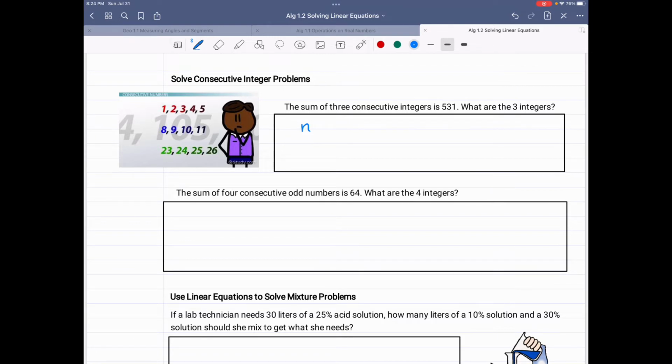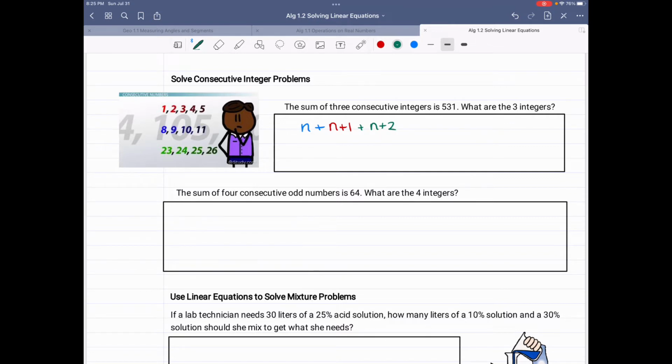So we're going to add n plus 1, that's the second number, and then we're going to add the number that comes after that because there are three numbers. So blue is the first number, red is the second number, and the third number is going to be one more than the last number that we had. So what's one more than 1? 2.